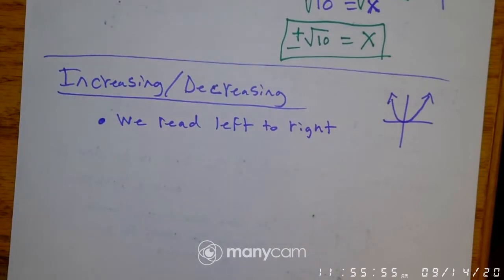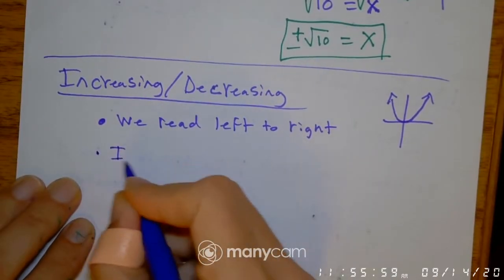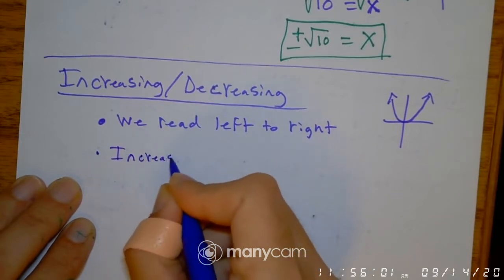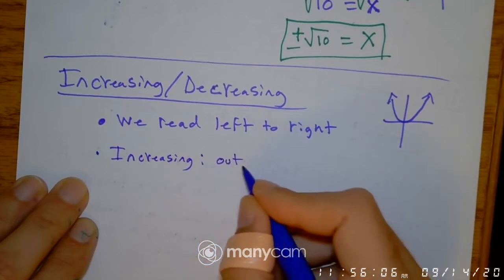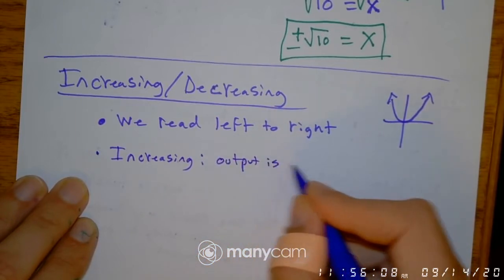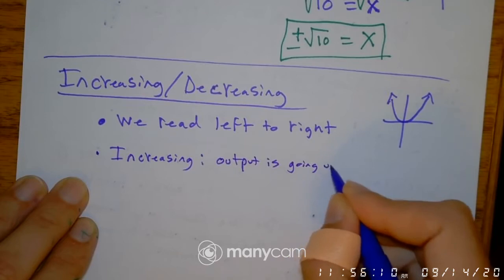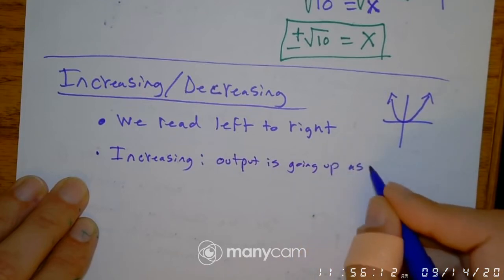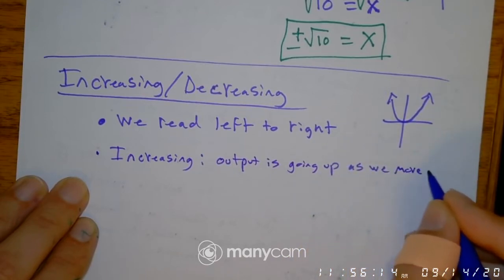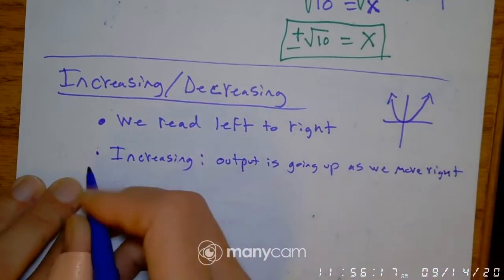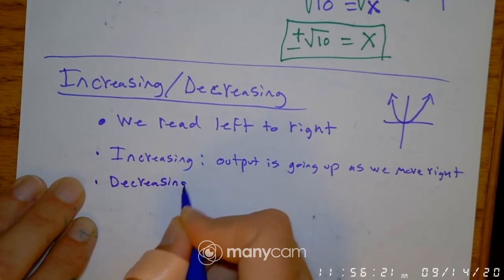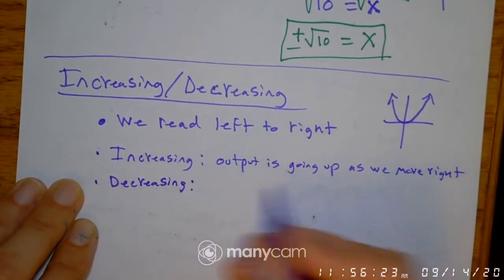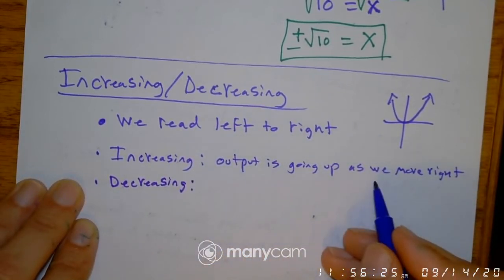One of the things you're going to have to do is state the intervals that something is increasing or decreasing. So remember, increasing is just output going up as we move right, and decreasing is output going down. And hopefully you guys have all read the book. This is not by any means the mathematical definition of increasing.